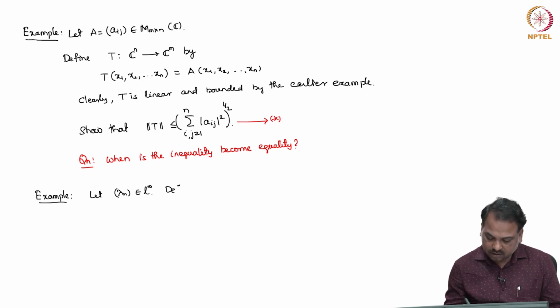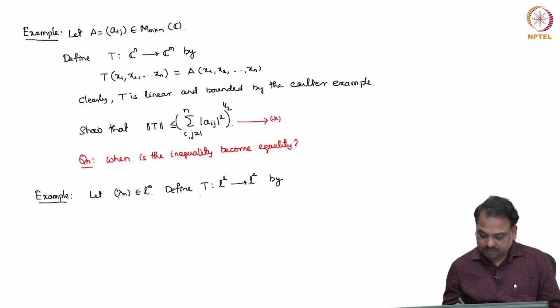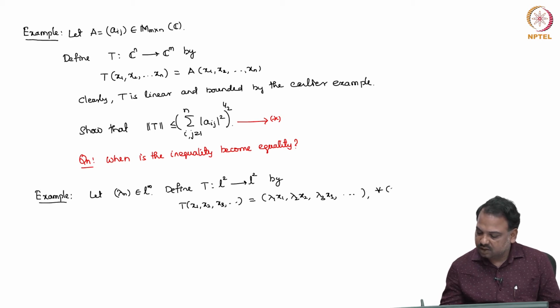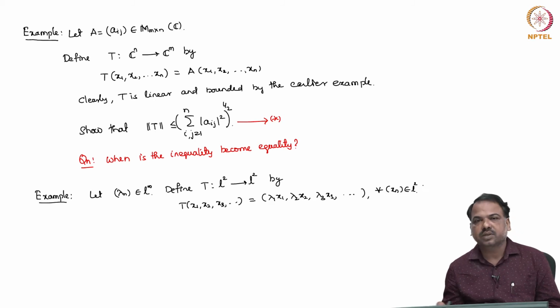Define T from L2 to L2 by T of (x1, x2, x3, so on) equal to (lambda 1 x1, lambda 2 x2, lambda 3 x3, so on), for every x coming from L2. Here L2 means L2 of natural numbers.